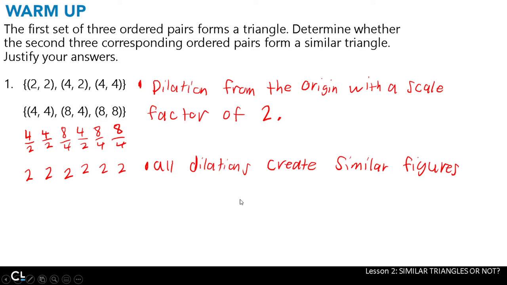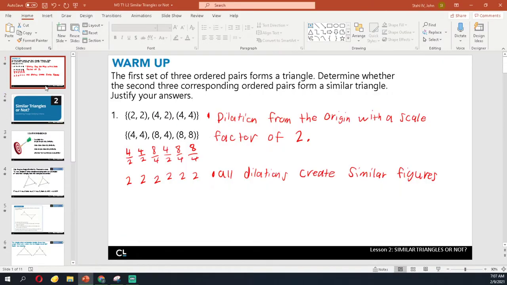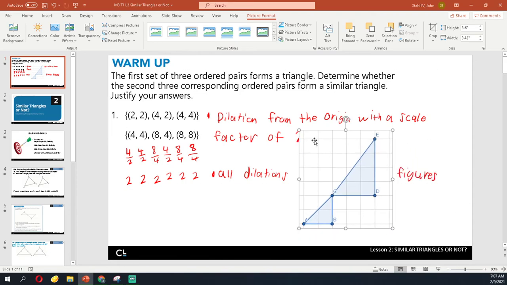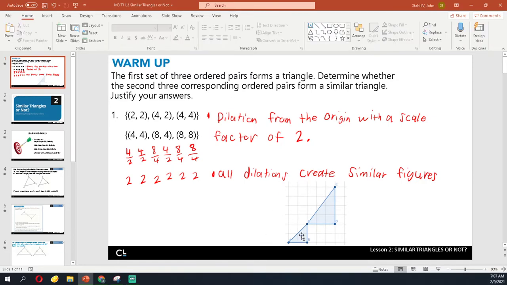Now, one thing I do want to add in here is this picture. This is a picture and an example of what is actually happening here, right? We have our first triangle.